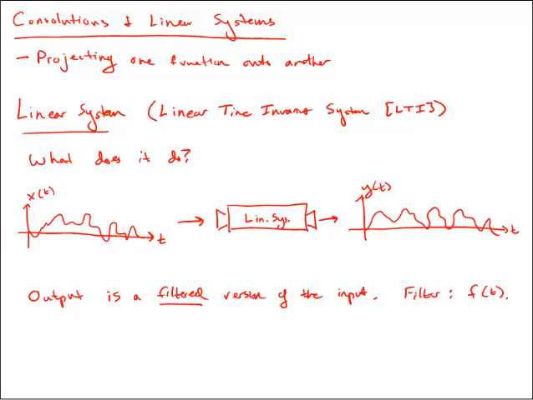With a more mathematical vocabulary, you would say that the output is the convolution of the filter and input. So to get the output, you convolve the filter with the input.